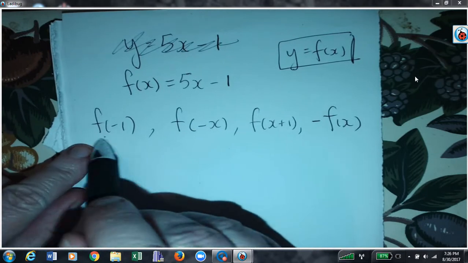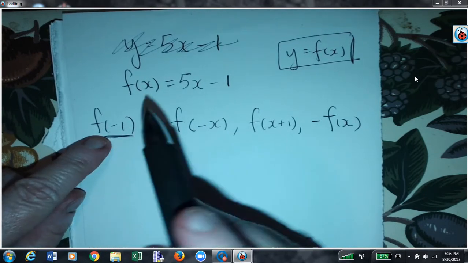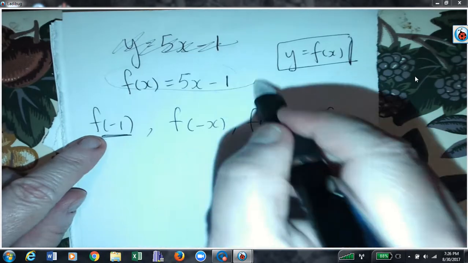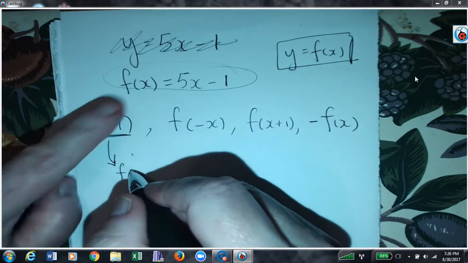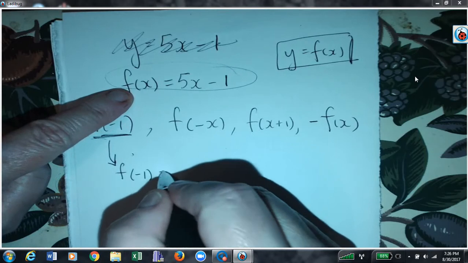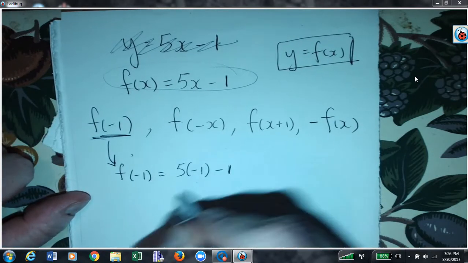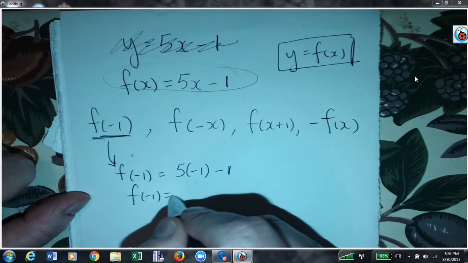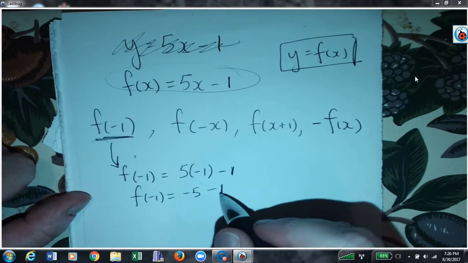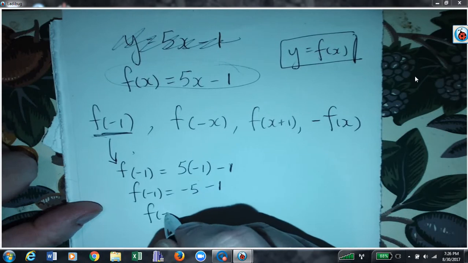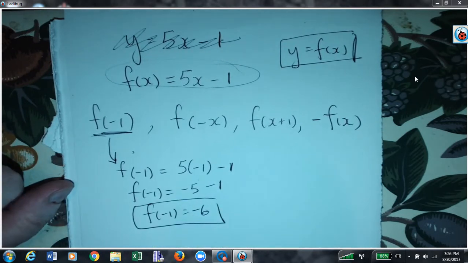Well, for this one, if what is inside the parentheses is just a number, then we want to rewrite the equation, but wherever you see the x, replace it with -1 in parentheses. So 5 times -1 is -5, and -5 minus -1 is -6.